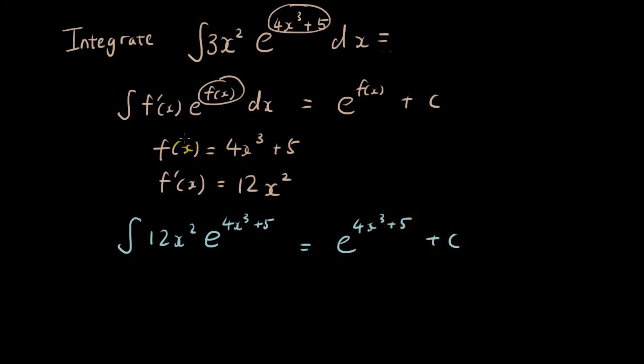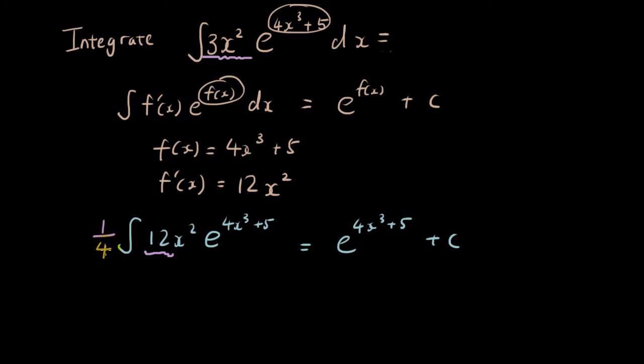All we've done is substitute these two terms into the formula. Now we need to look at the question that we have, which states that it's the integral of 3x squared, and we need to think about how we can convert this 12 into a 3. The answer is very simple. We simply multiply it by 1 over 4 on the outside.